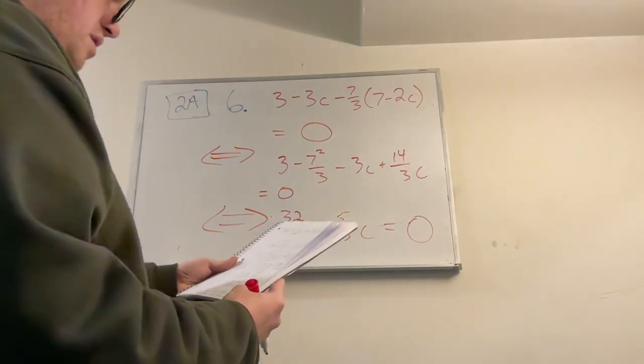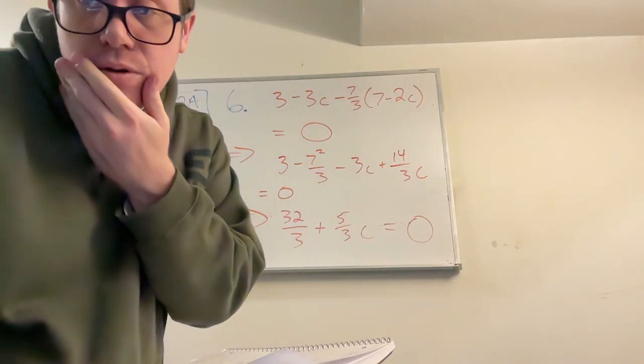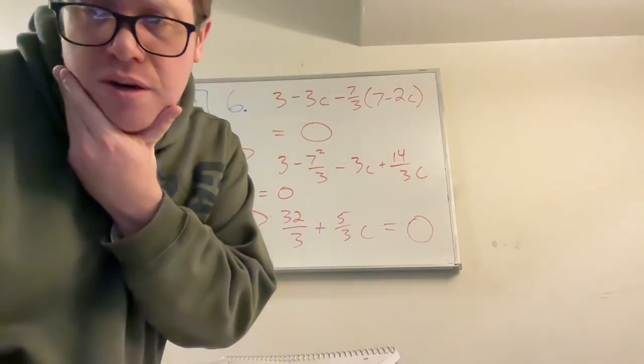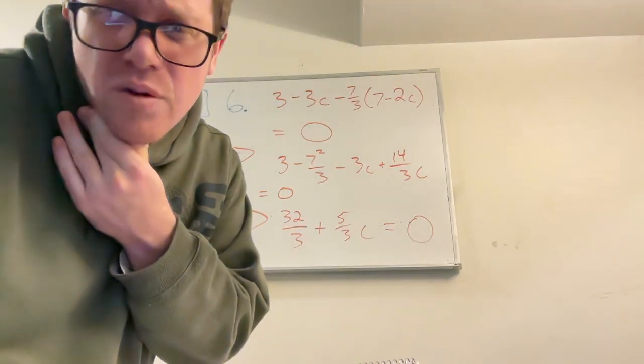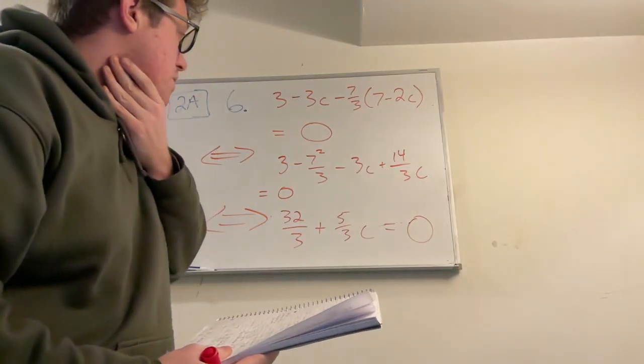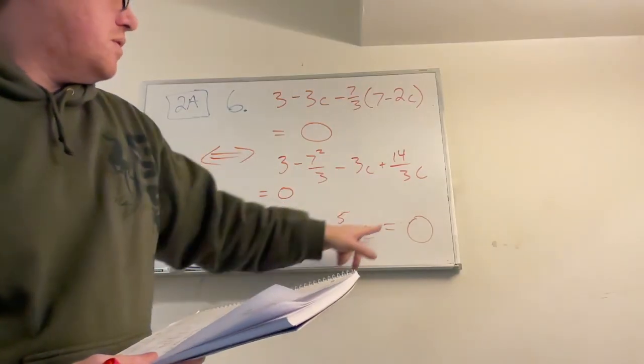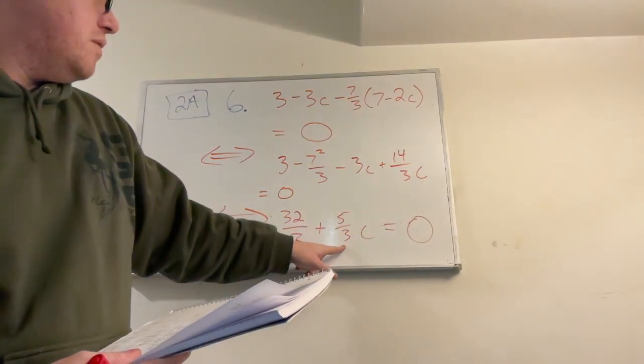Wait, okay. This is like wrong earlier. 4 2/3. Where was the error? 4 2/3. Oh. Yeah, minus 3 plus 4 2/3 should be 5/3 though, right?